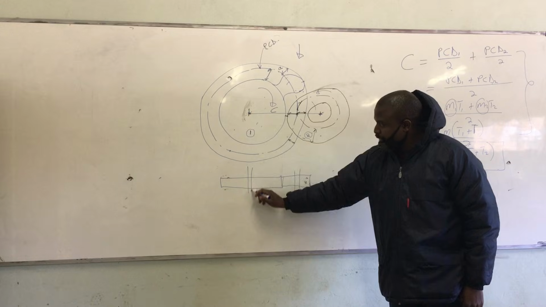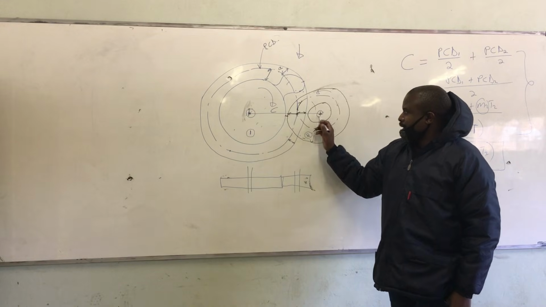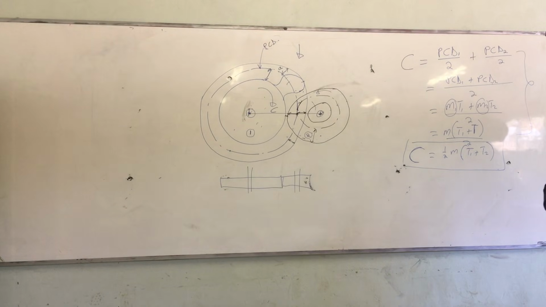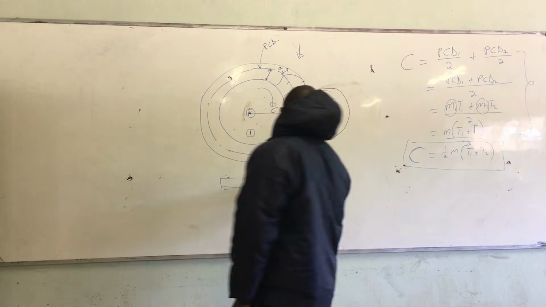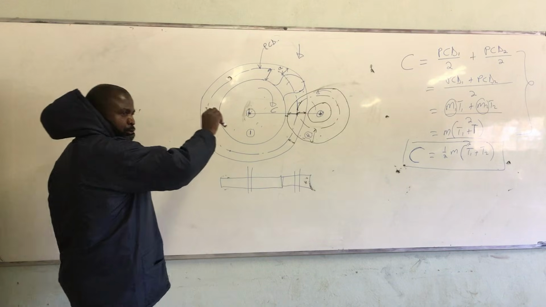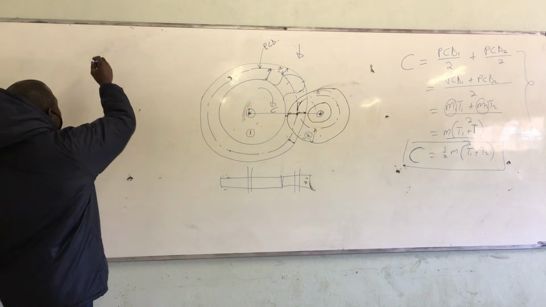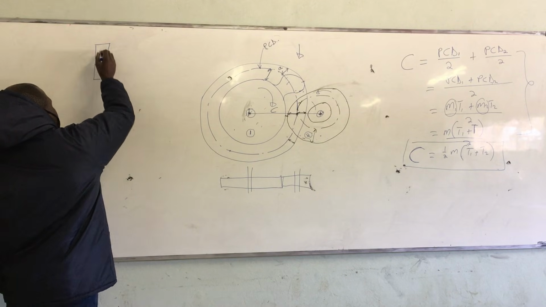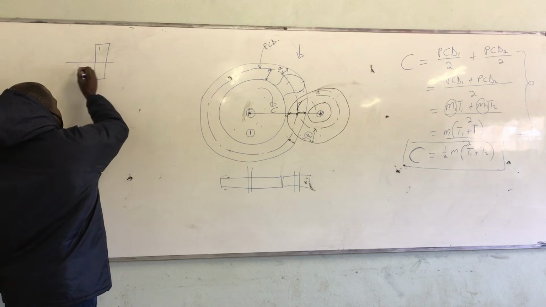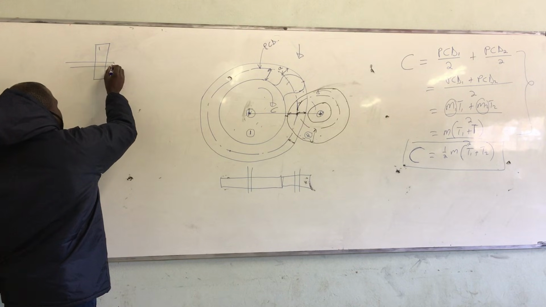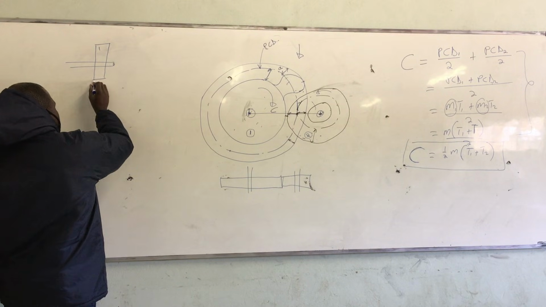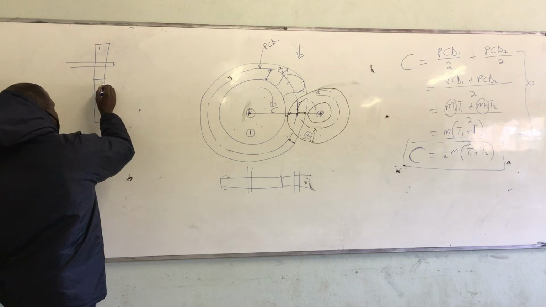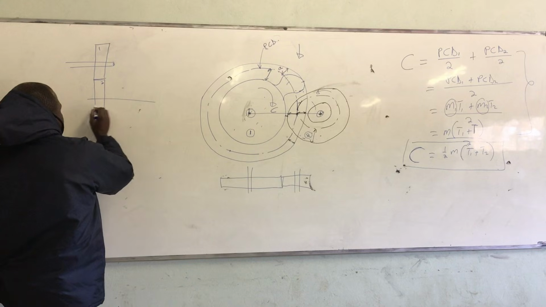Even there I have a shaft, which is connected on the center there. But instead of putting them horizontal, I'm going to put them vertical. Here they are. This is my gear number 1. That is the shaft. Gear number 2. This is the shaft.